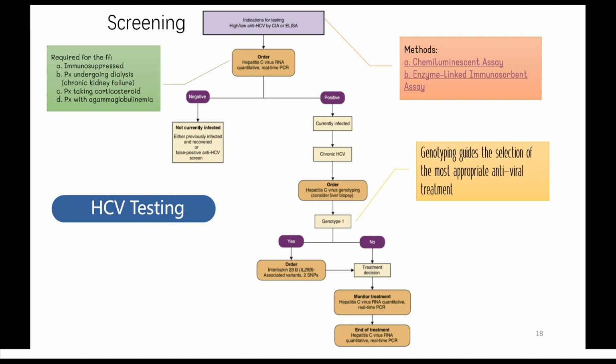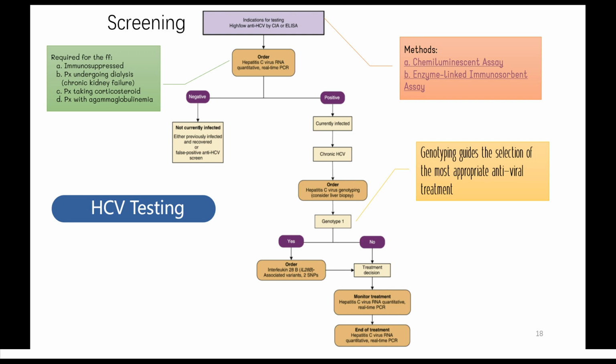Genotype 1 is the most difficult to treat na type of hepatitis C. Okay? Tsaka with genotyping, malaman din kasi natin kung ano yung magiging response ng patient to the treatment that will be given. So, if positive for genotype 1, further, mag-identify ng interleukin 28B associated variant and 2 SNPs.